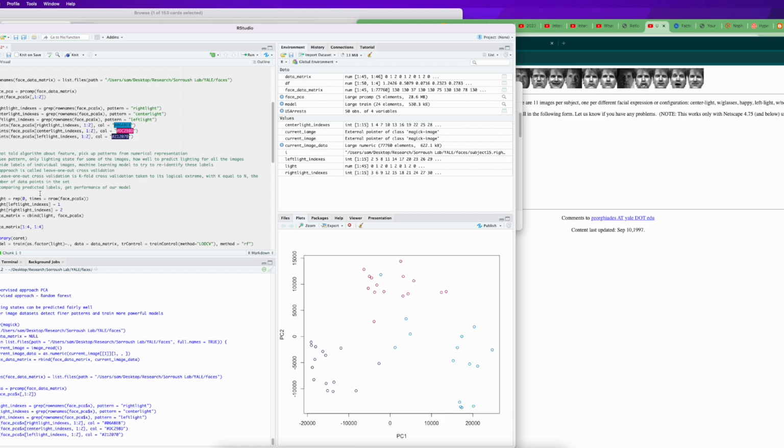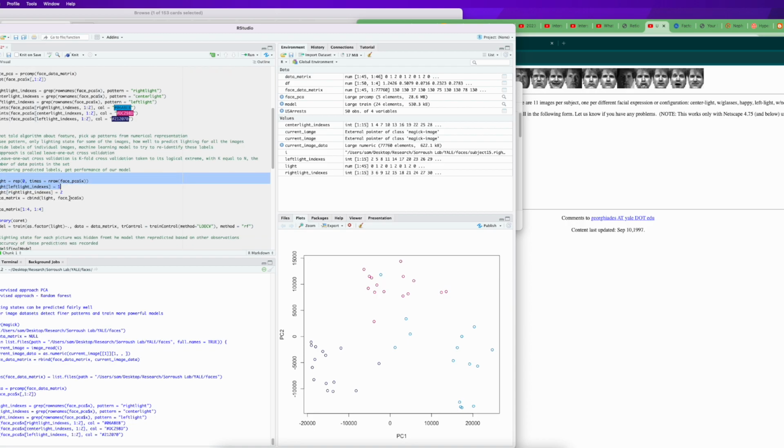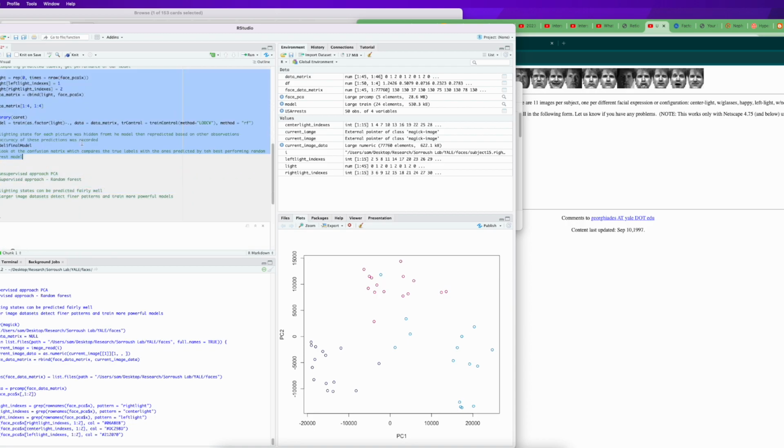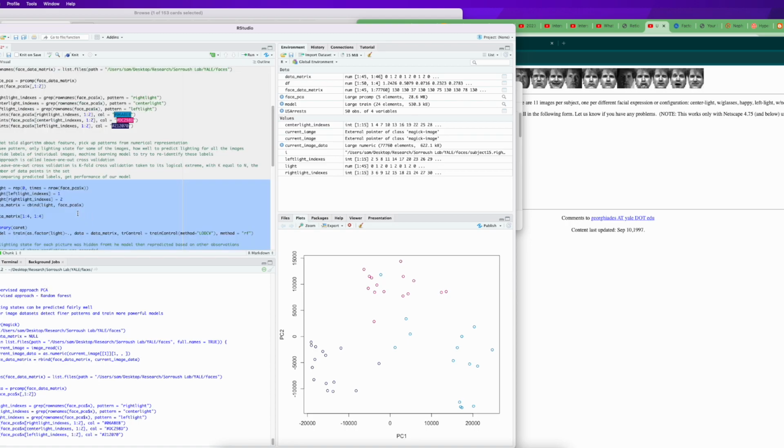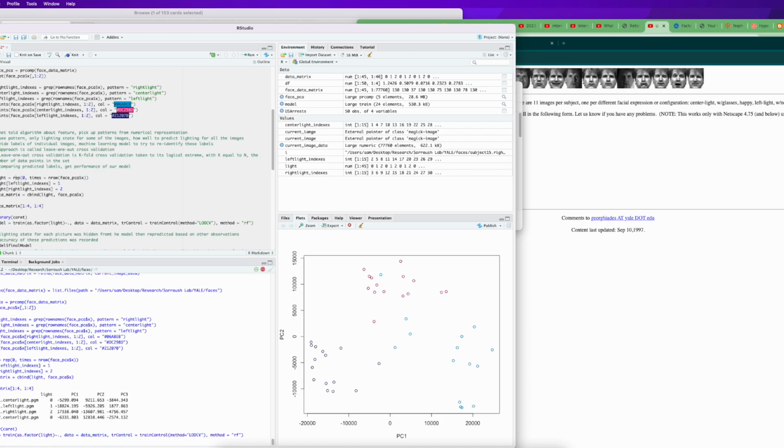And then next, we're going to start running a supervised machine learning model. Above was the PCA, which is unsupervised, and now we're going to run the supervised approach, which is the random forest model. We do that with the caret package. So let's just run that.